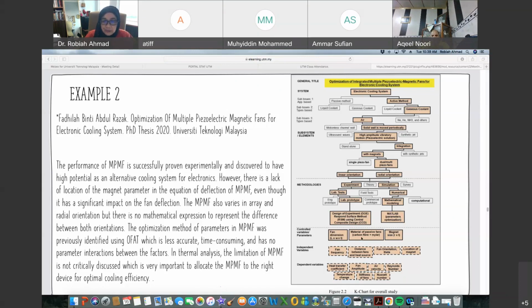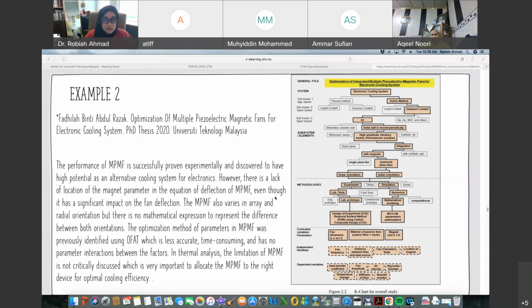So these are the control variables. These are the independent variables and dependent variables. The ones that we look at are the magnet size, materials, and fan dimension, and so forth. The performance measures that we look into are heat transfer coefficient, fan amplitude, air velocity, Reynolds number, and so forth.